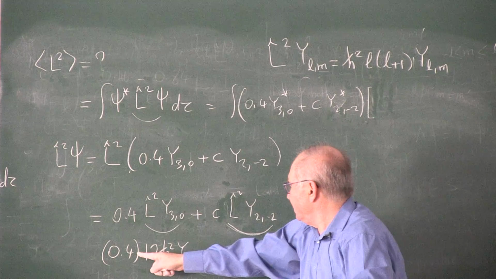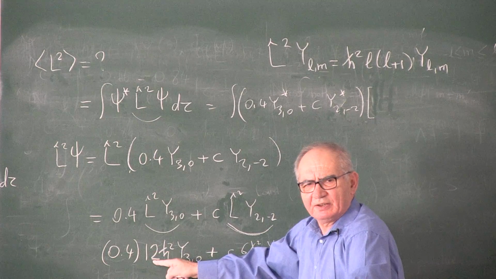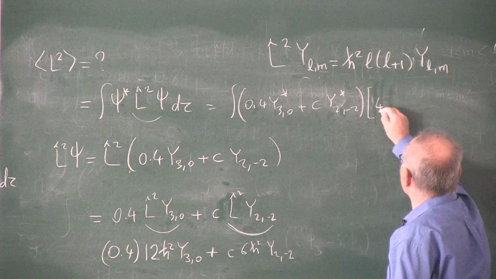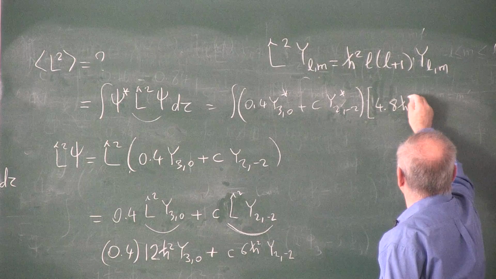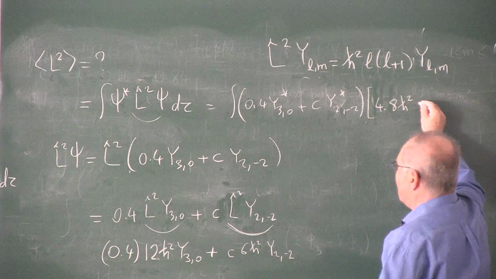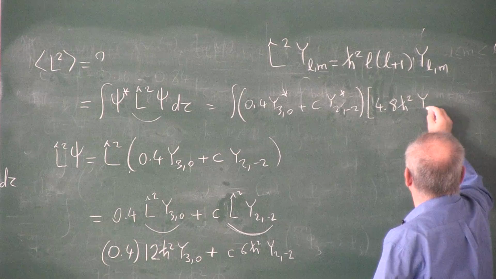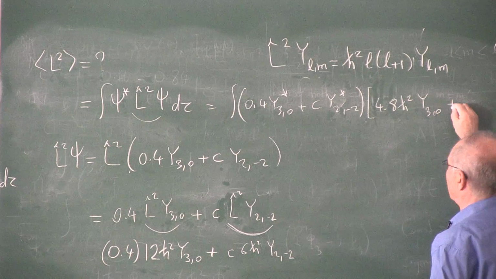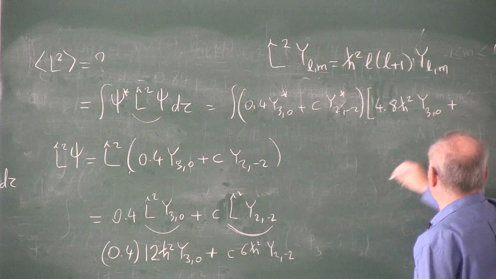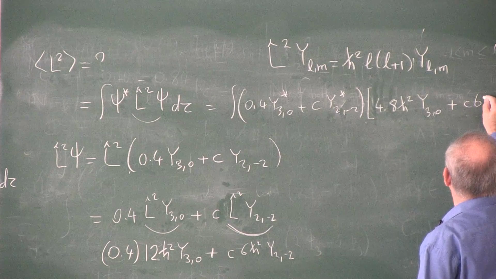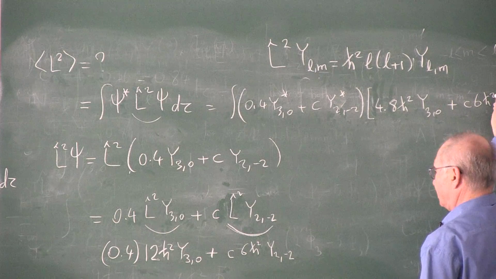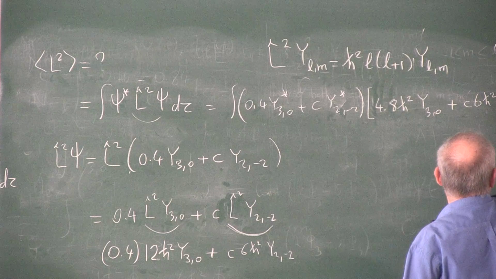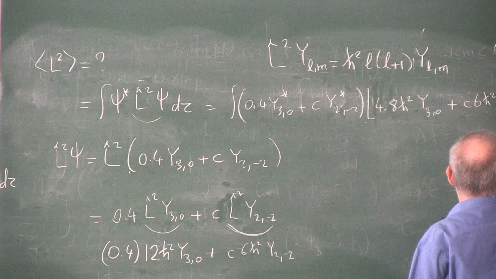4 times 12 is 48, so this is 4.8 h bar square times y30 plus c times 6 times h bar square times y2 minus 2 into d tau.